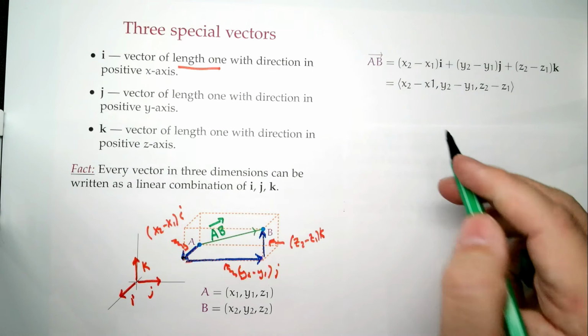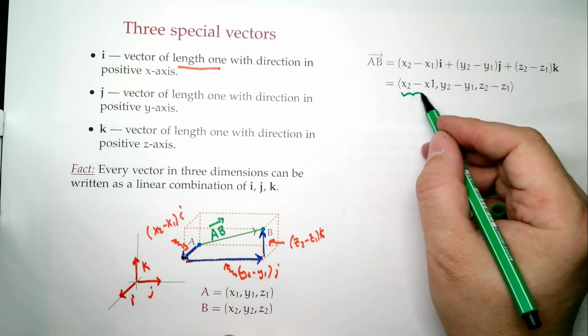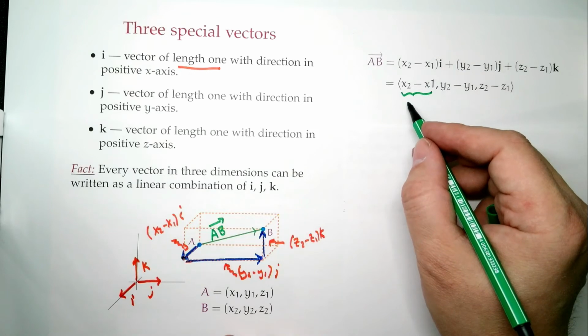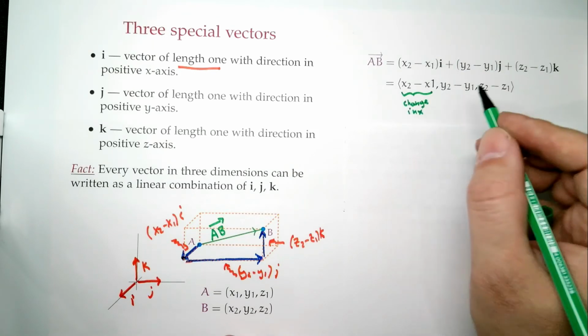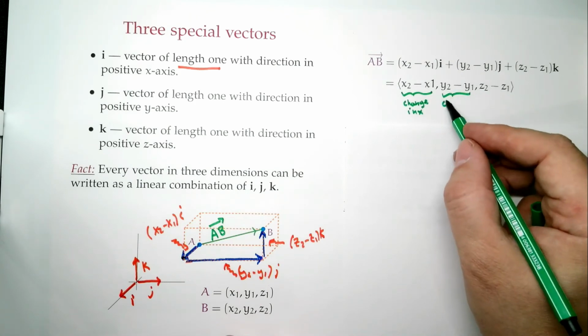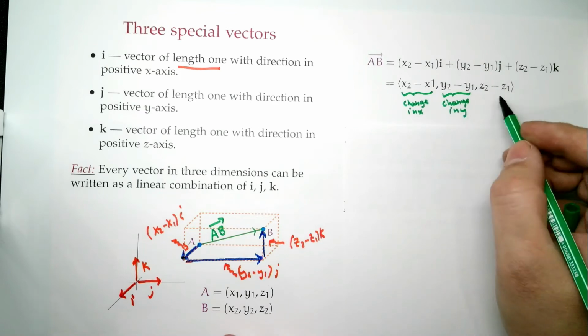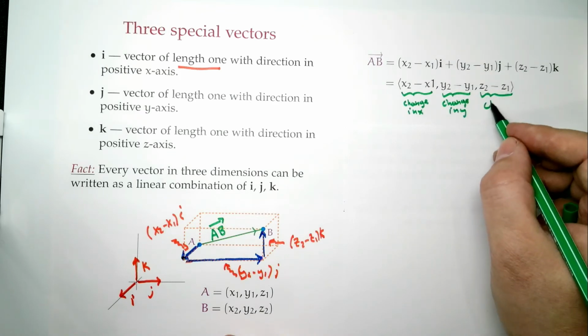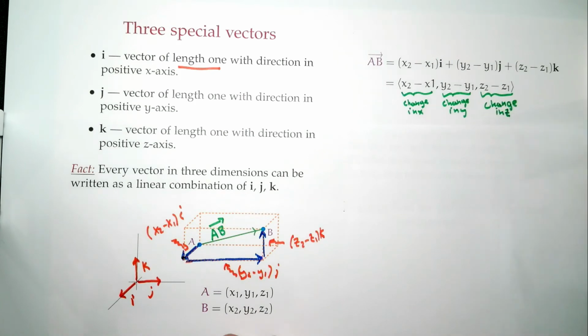So here, I've turned my vector into a triple, where the first part is my change in x. How much did x change? The second part is my change in y. How much did y change? And the third part is my change in z. So the vector here is recording my change. How much am I changing?